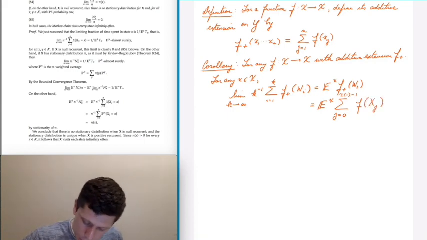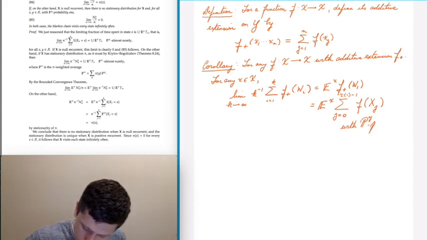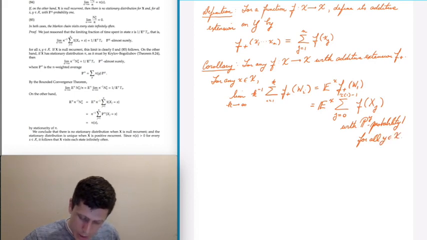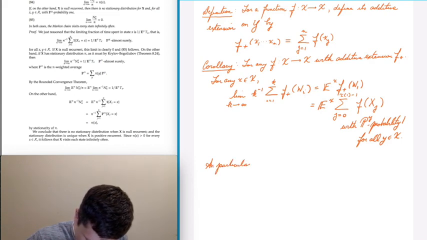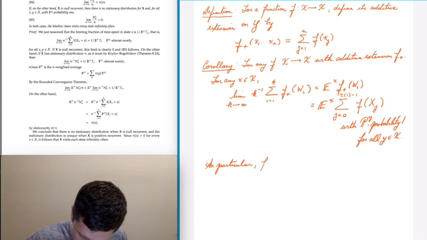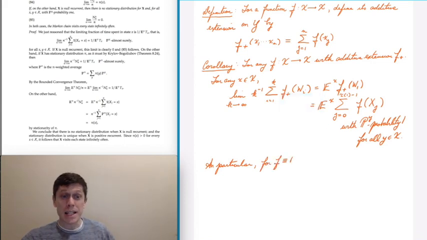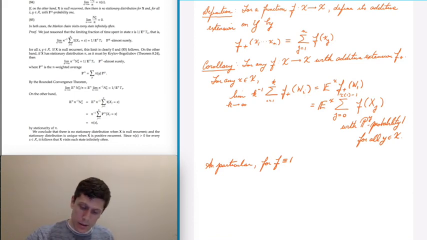Okay, and this holds with P_y probability 1 for all y, and in particular, really the key part of this is if we take f just to be the identity function, the function that's equal to 1, then this is just summing up.